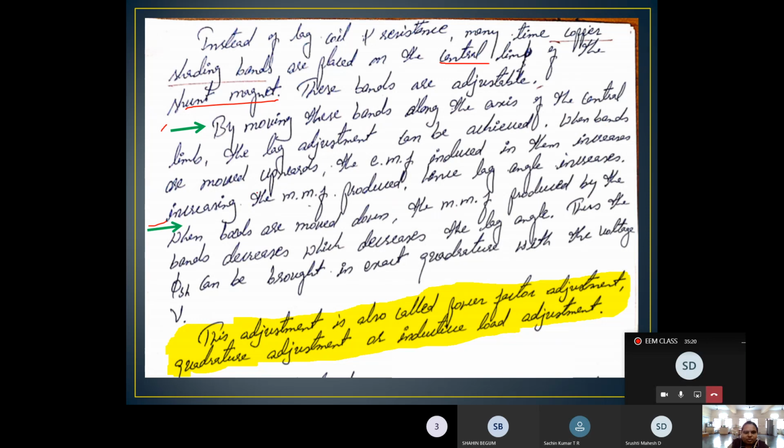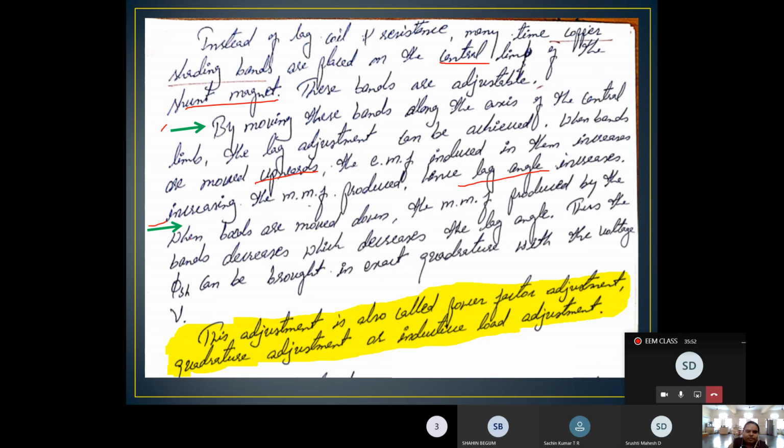I hope you remember the construction I showed previously. If the bands are moved upwards, the EMF induced in them increases, increasing the MMF produced. Hence, the lag angle is increasing.